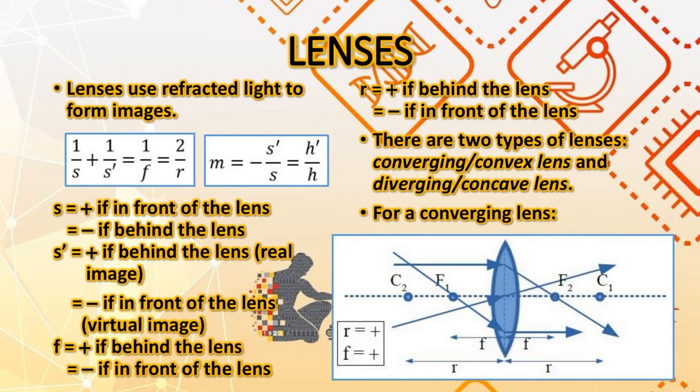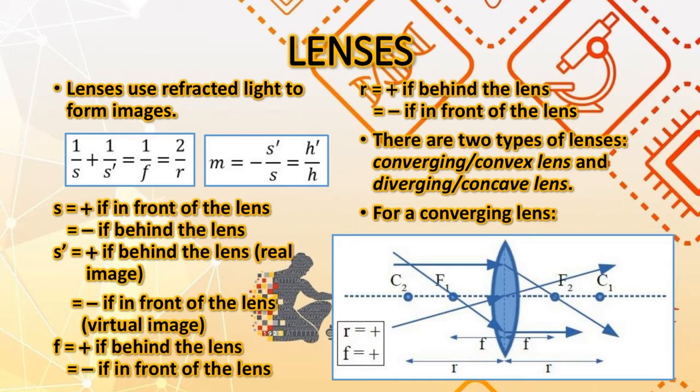Now we're talking about the actual refracting surface. R is positive if the radius of curvature of the refracting surface is behind the lens, and negative if the radius of curvature of the refracting surface is in front of the lens.